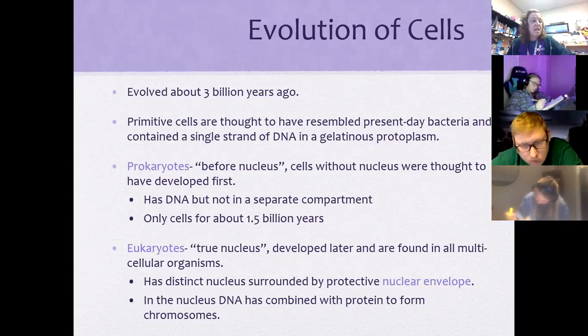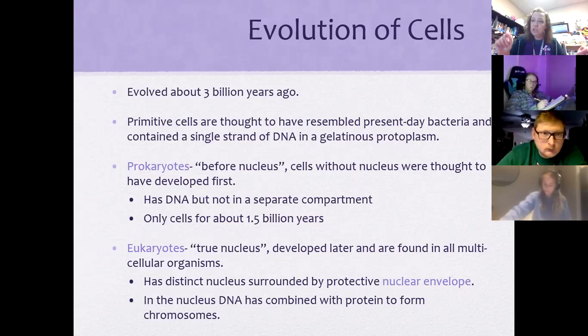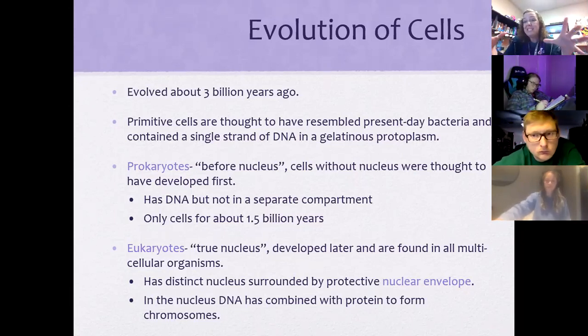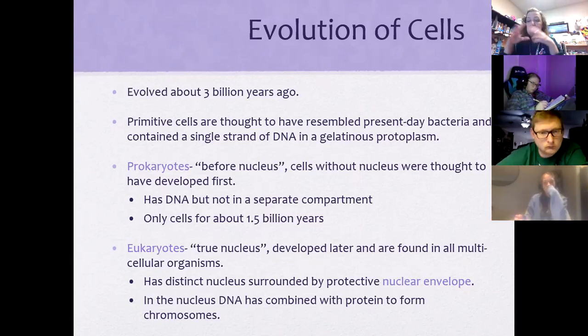In our original evolution of cells, we had these little things that weren't even really cells at that point. They did not contain the organelles. They did not contain the structures that we know for our cells today. But our primitive cells had a single strand of DNA. And remember, DNA is just the instruction manual: you are this kind of cell, and this is how you are going to behave. So no nucleus.